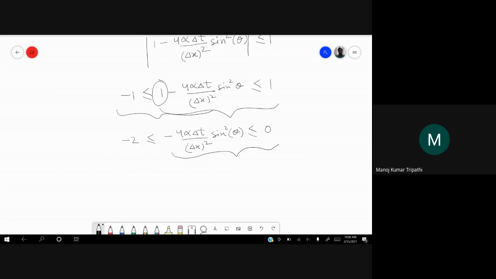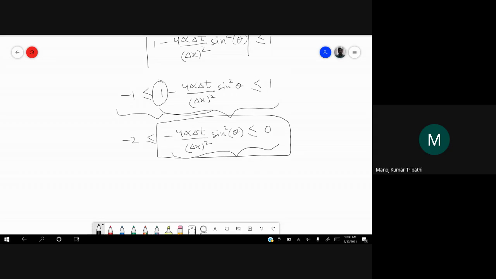Therefore, negative of all of this has to be negative, right? Therefore, this is always less than or equal to 0. Therefore, this is always true. This part is always true. So it is valid for any delta t, delta x, alpha. We don't need to solve that inequality.